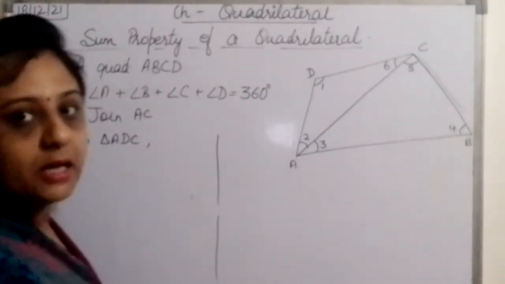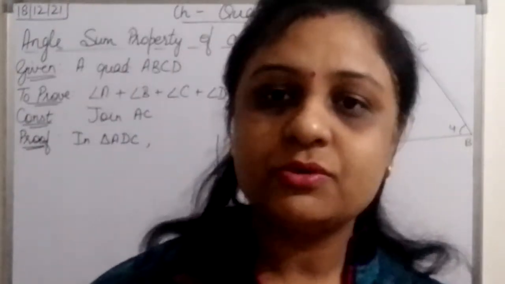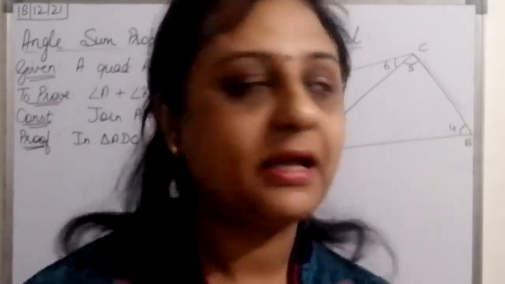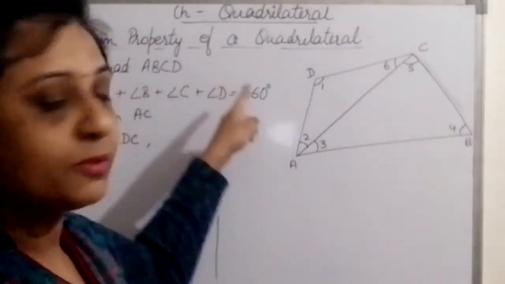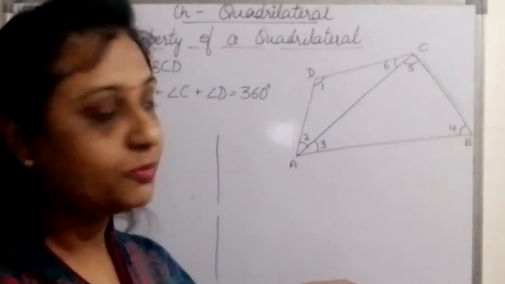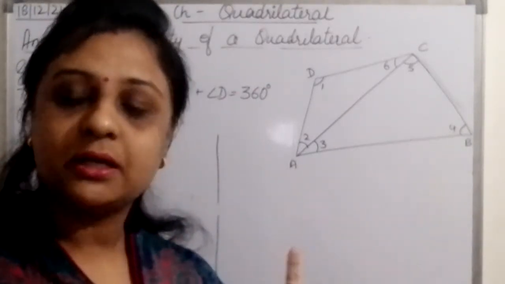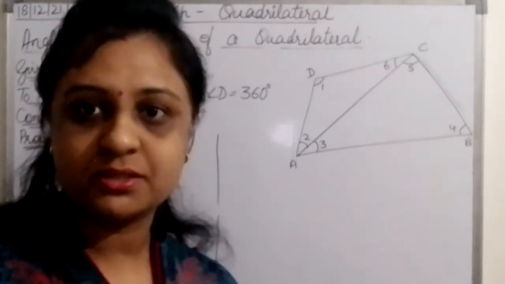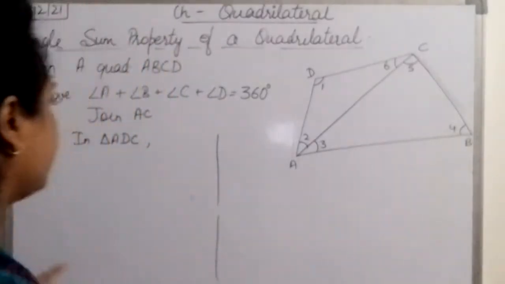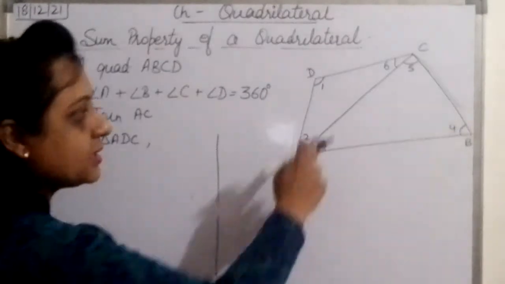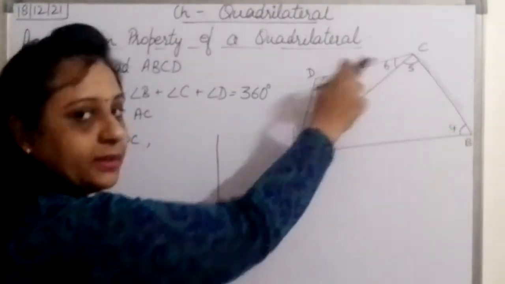Now in this triangle, I am using the angle sum property of a triangle, to prove the angle sum property of a quadrilateral. According to it, the sum of all the three angles of a triangle is equal to 180 degrees. In this triangle, the three angles are angle 1, angle 2 and angle 6.